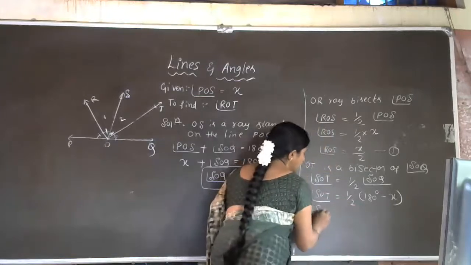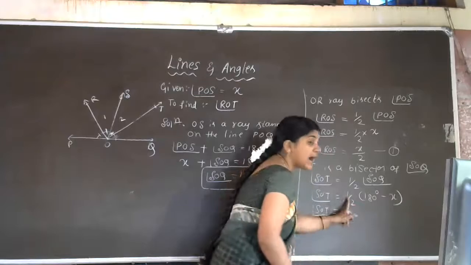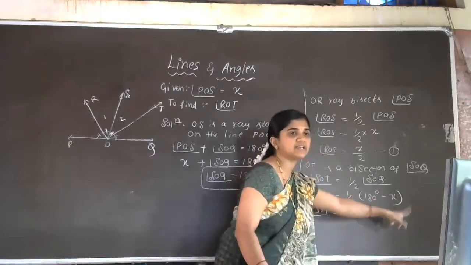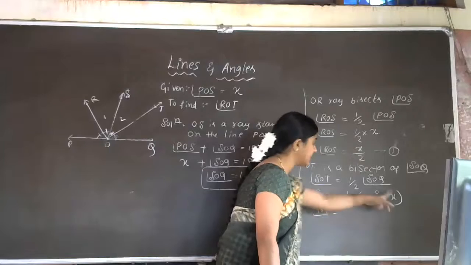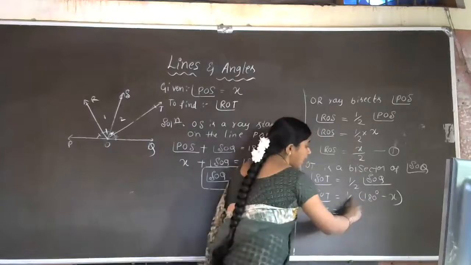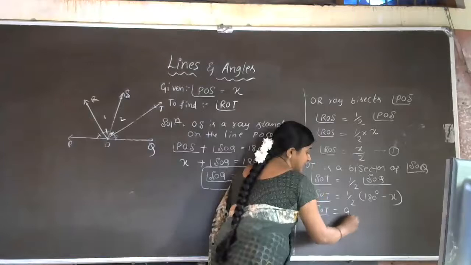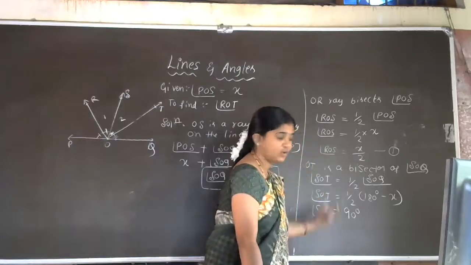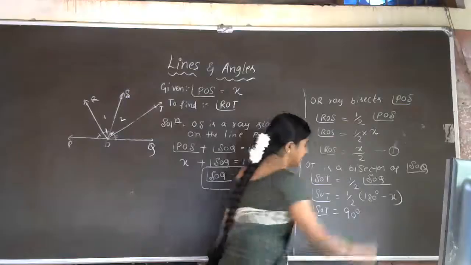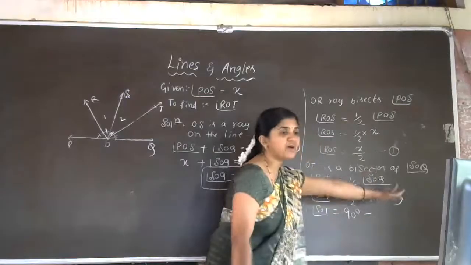Now, SOT is equal to half of (180 minus x); this half we have to multiply with 180 and x separately. Half of 180 we can directly take as 90 degree, no? Half of 180 degree is 90 degree. So 90 minus half of x.